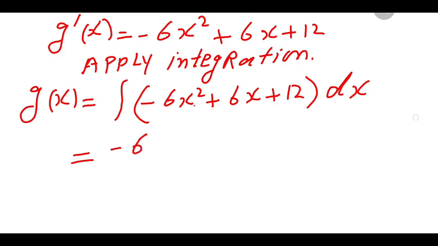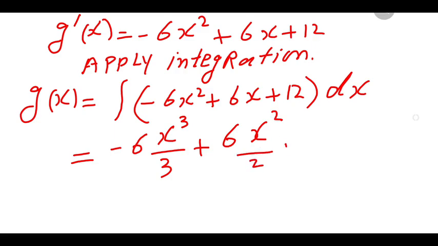For the x^2, add 1 to the power to become x^3, and then divide by this new power, 3. Plus 6, the coefficient as is, x with power 1, add 1 more to become 2, and then divide by this power 2. Plus the integration of the constant is 12x.